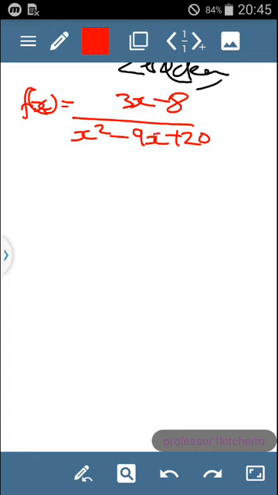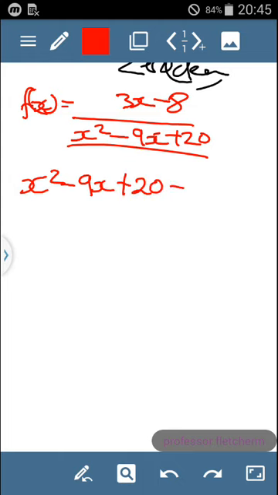What we want to do is equate our denominator to 0. So we have x squared minus 9x plus 20 equal to 0. Now we try to factorize and solve for x. This is quite simple.